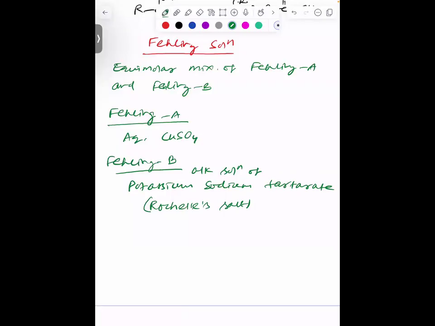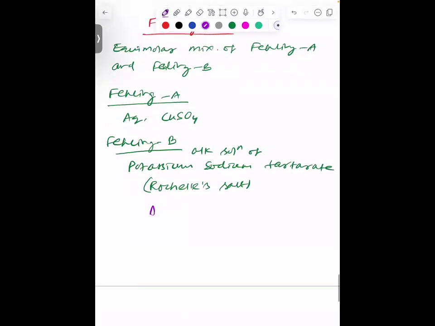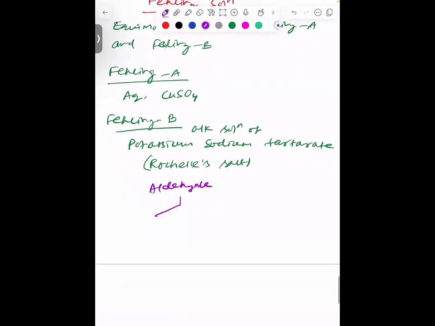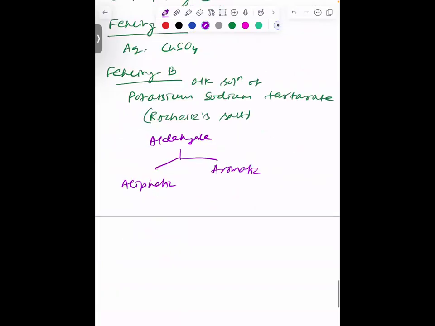So when Fehling solution is treated with aldehyde and ketone, aldehydes are of two types, as you know: one is aliphatic, another is aromatic. Aliphatic aldehyde will give a positive test. Aromatic aldehyde will give a negative test.